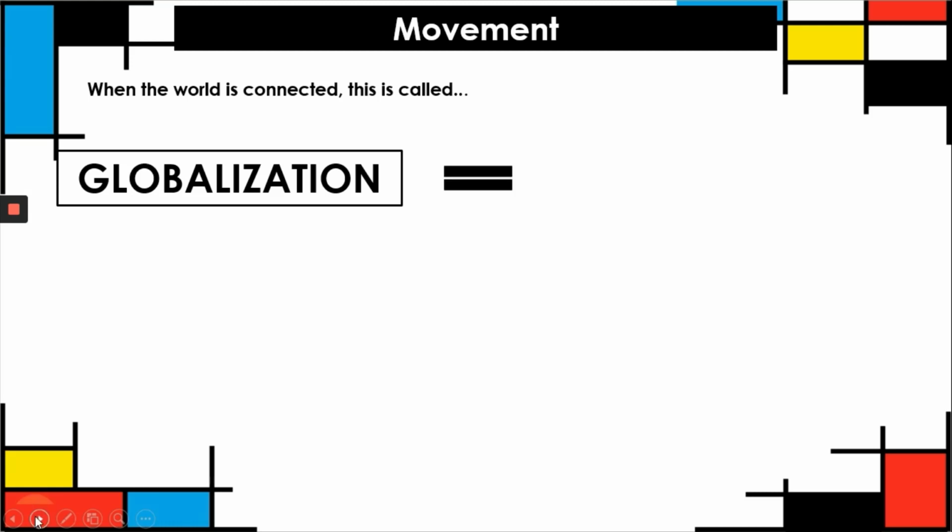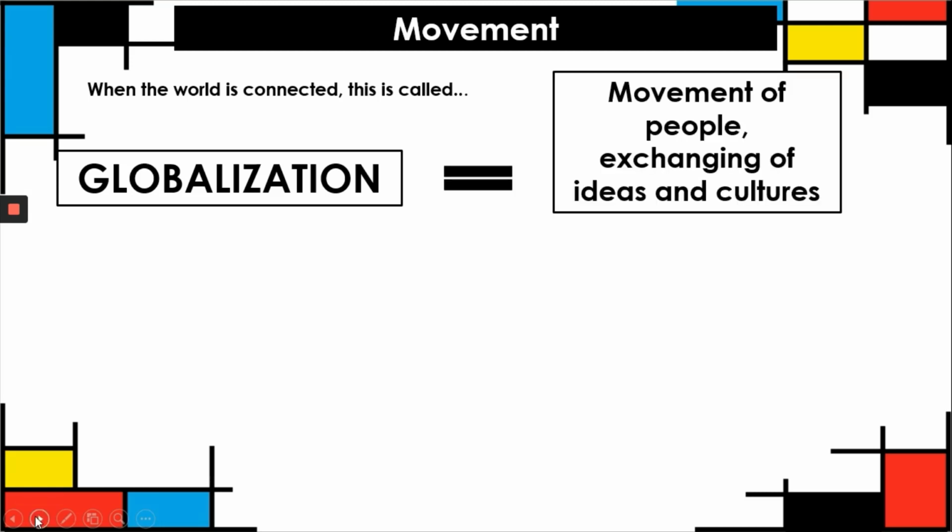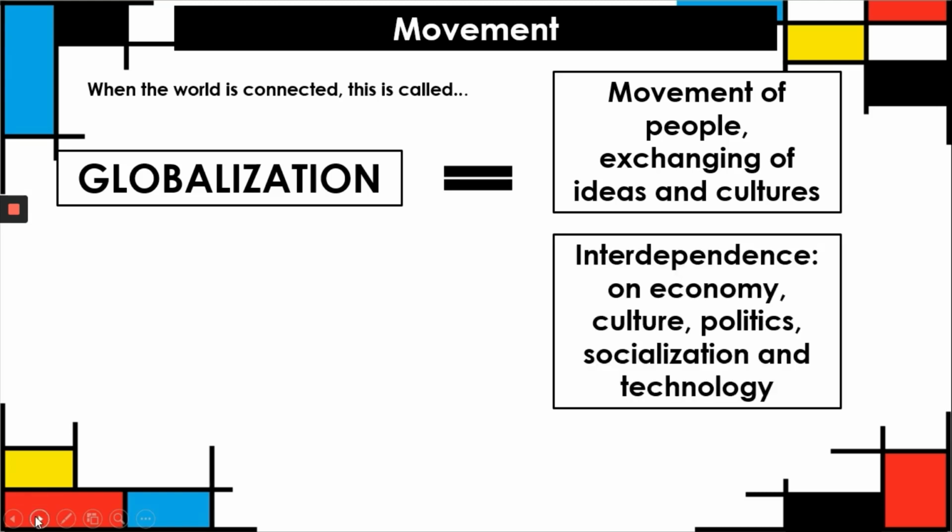Globalization is movement of people which exchange ideas and cultures. It's also an interdependence. That means we depend on each other in the aspects of economy, culture, politics, socialization, and technology.